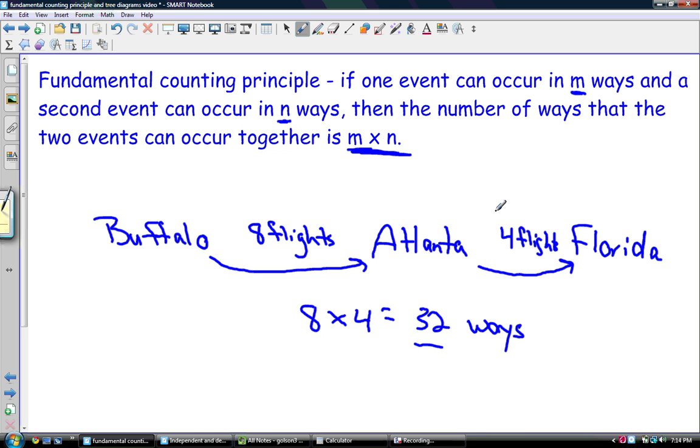So the fundamental counting principle tells us how many ways we could get there, but it doesn't give us any specific information about those ways. In other words, if we wanted a specific airline, say, well, I really like Continental, so I want to make sure I'm flying Continental, I can't see with the fundamental counting principle how many ways I can get from Buffalo to Florida using Continental, but I can see the total number of ways.